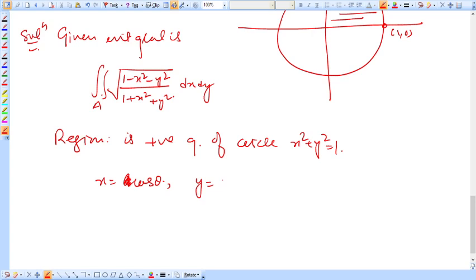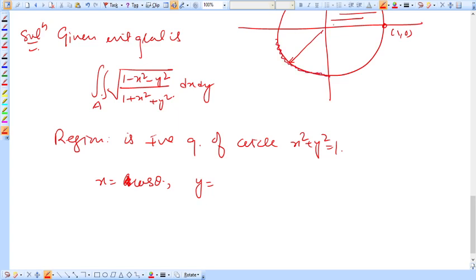One thing you must note here is that r is equal to 1 on the boundary.